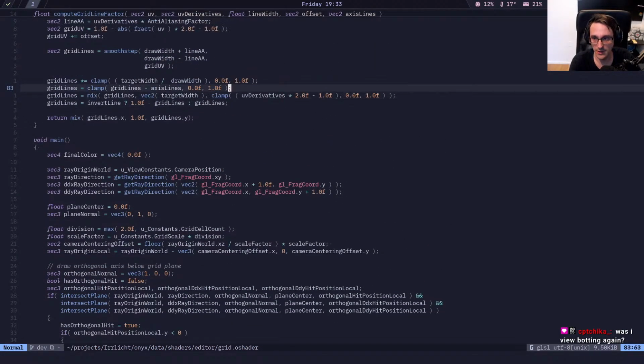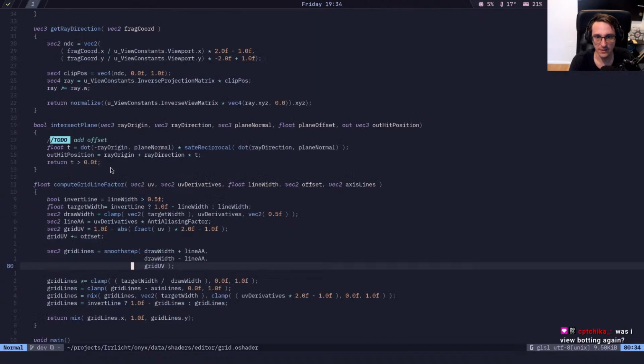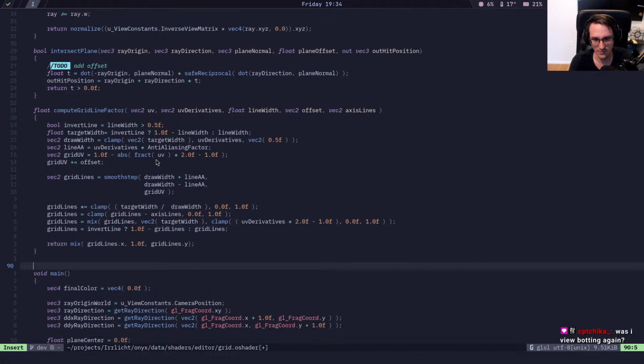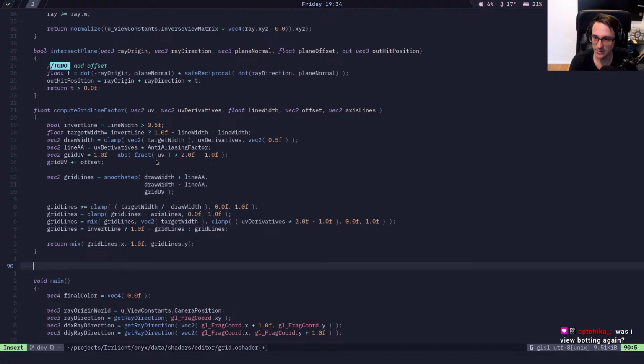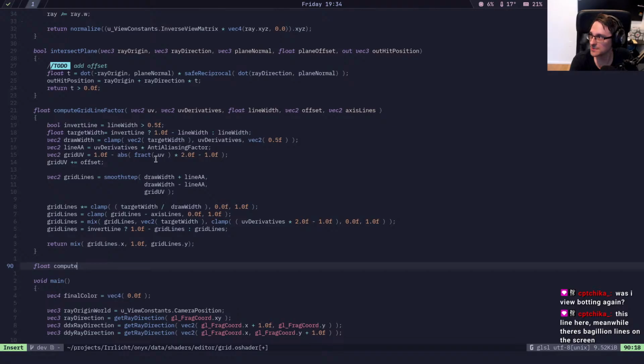I think for that, what we'll do is add a new function, which is very similar to this compute grid line factor, but slightly different. Man, you knew what I mean. Compute normal axis line factor.